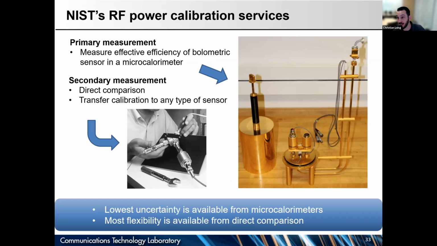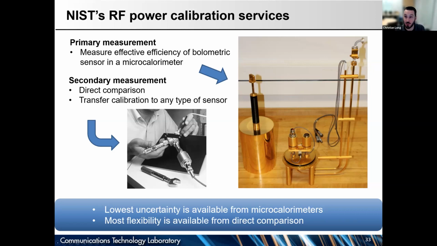Once we know the calibration factor and effective efficiency of a power sensor, then we do a secondary measurement where we can transfer the power measurements with our calibrated power sensor to a source, and then we have a calibrated source power, and then we can put any power sensor that we'd like on the test port and put some known power into it, see what power it reads out, and come up with a correction factor for any off-the-shelf power sensor.